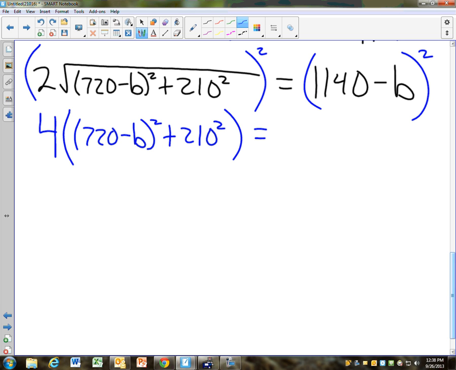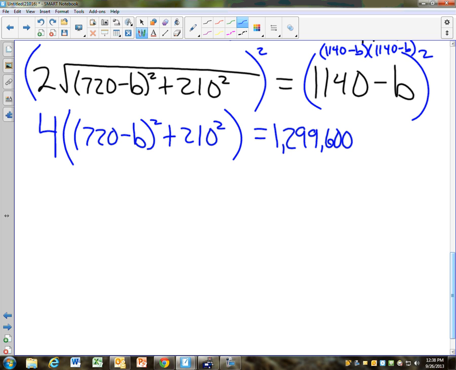Very good. If you take that 1140 and multiply by 1140, or square it, you get 1,299,600. And you know that (1140 minus b) quantity squared is 1140 minus b times 1140 minus b.